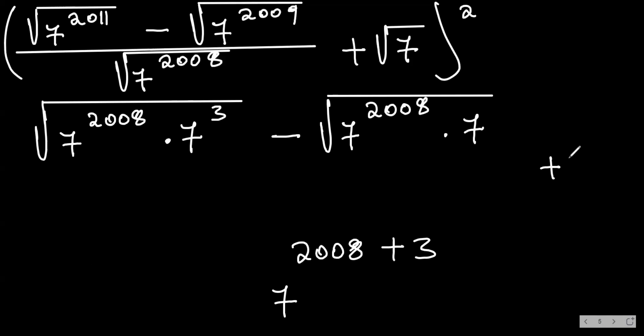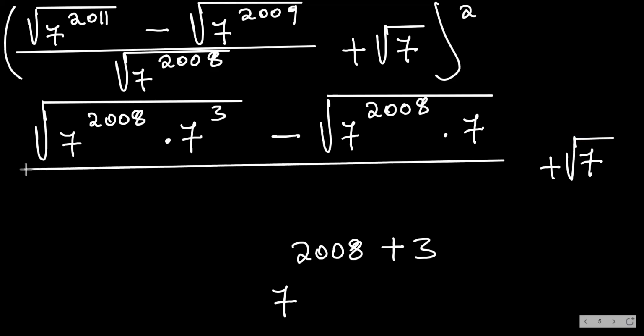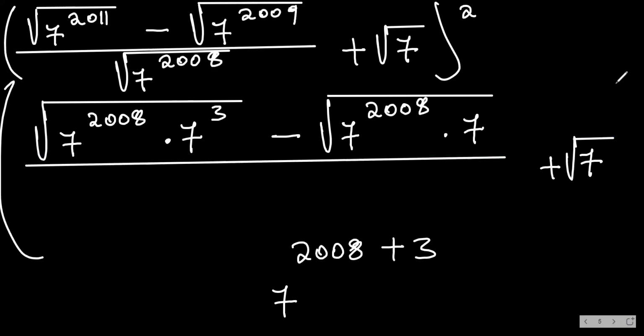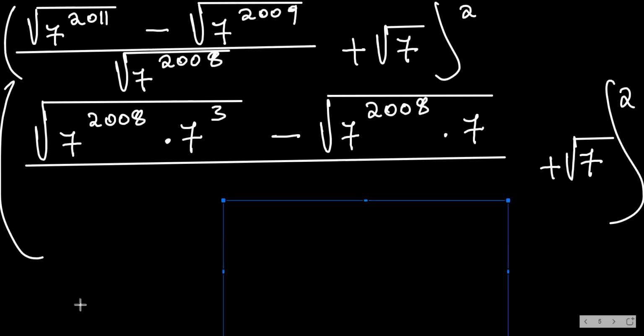And of course, we still have square root 7 outside. And then this entire thing is divided by the innocent square root of 7 to the 2008.